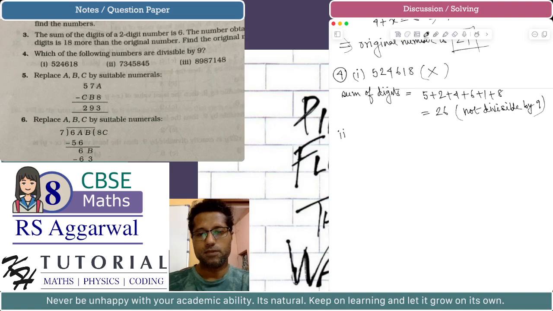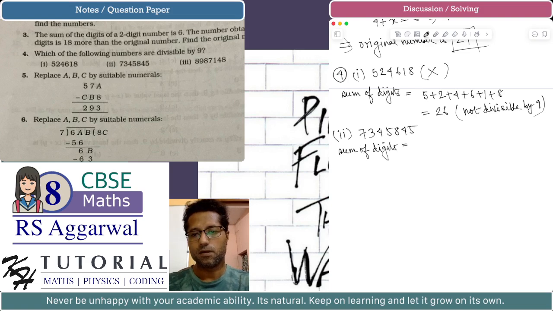Okay, let's see number 2, that is 7, 3, 4, 5, 8, 4, 5. So the sum of digits is equal to 7 plus 3 plus 4 plus 5 plus 8 plus 4 plus 5.